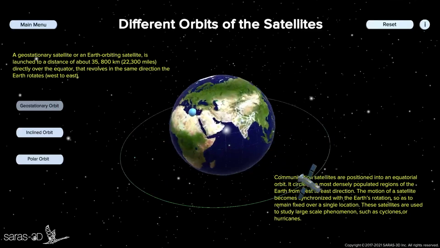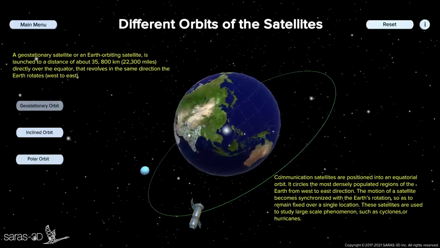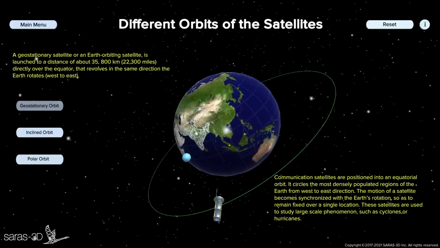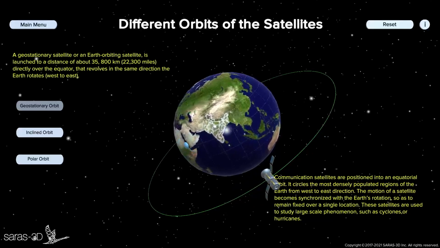A geostationary orbit is placed such that the plane of orbit of the satellite coincides with the equatorial plane of the Earth.